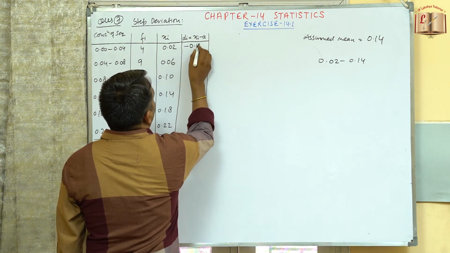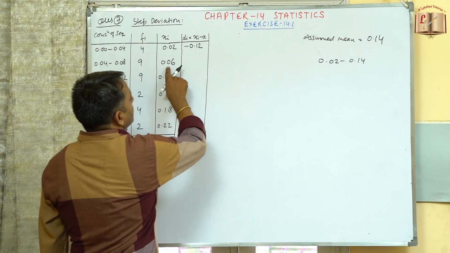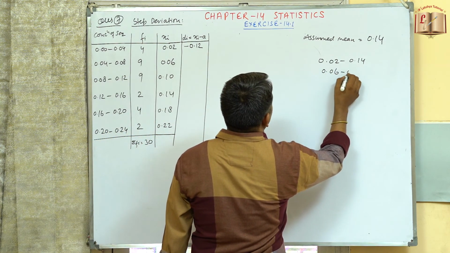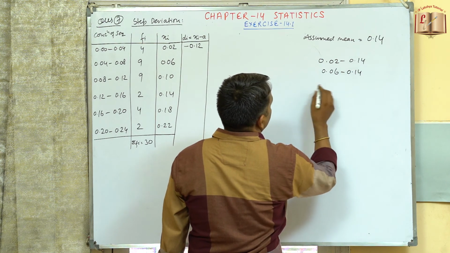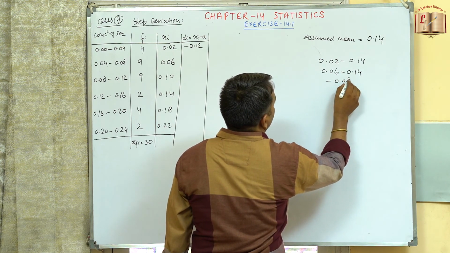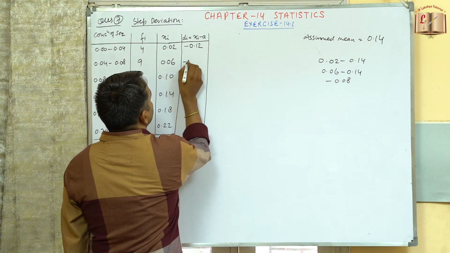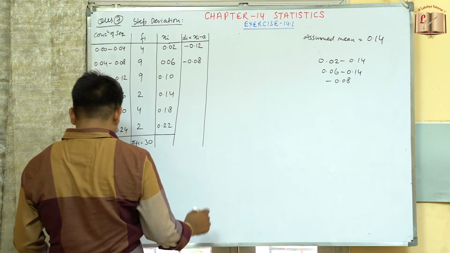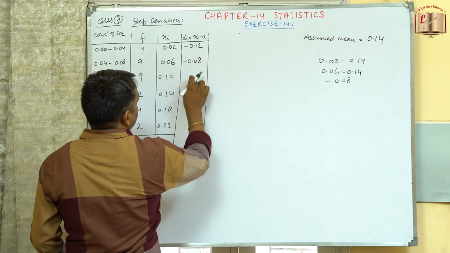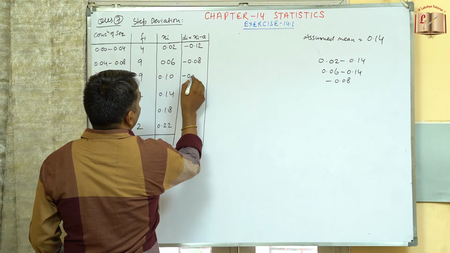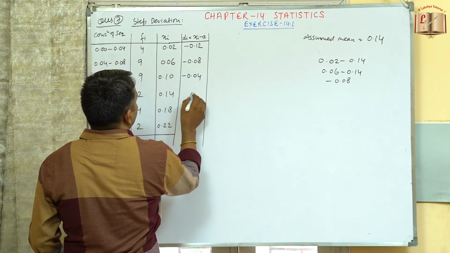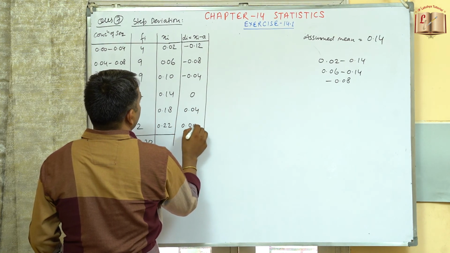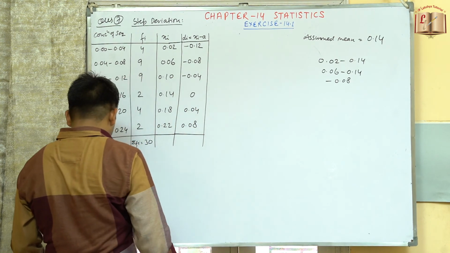Again subtracting this, 0.06 minus 0.14, so this will be minus 0.08. So minus 0.08 for this value. So again this is at an interval of 0.04. So this will be minus 0.04. Then for this it will be 0. Then this will be 0.04 positive and 0.08 positive.